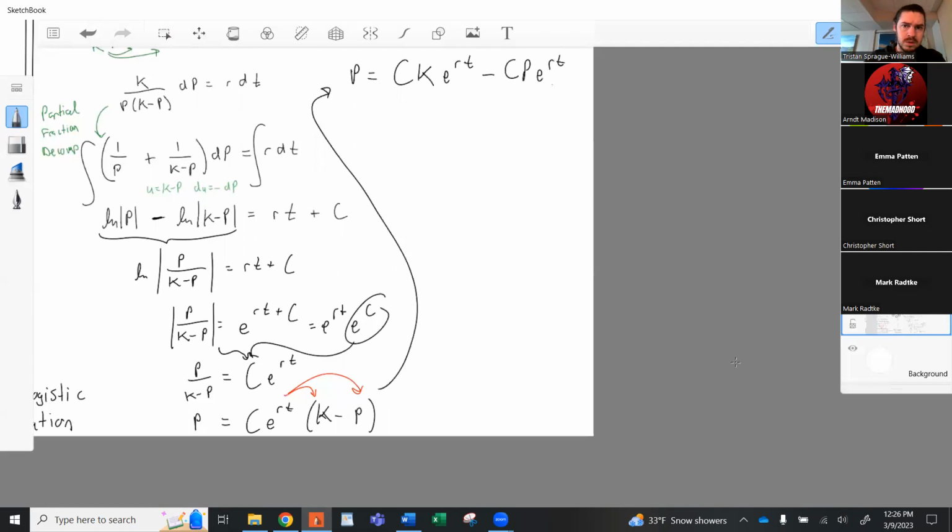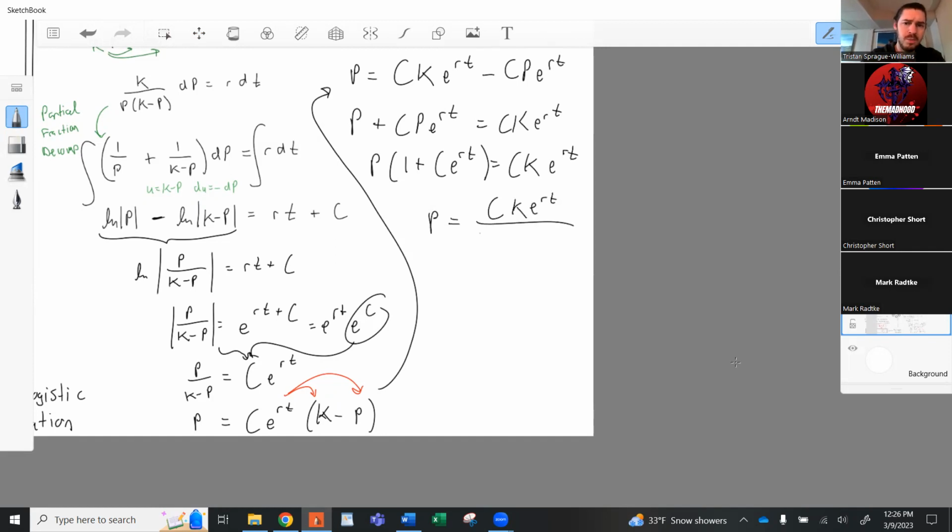Move that one back over. Factor your p out. And divide. So p is c k e to the rt divided by 1 plus c e to the rt. And that is what this looks like. That is our solution.